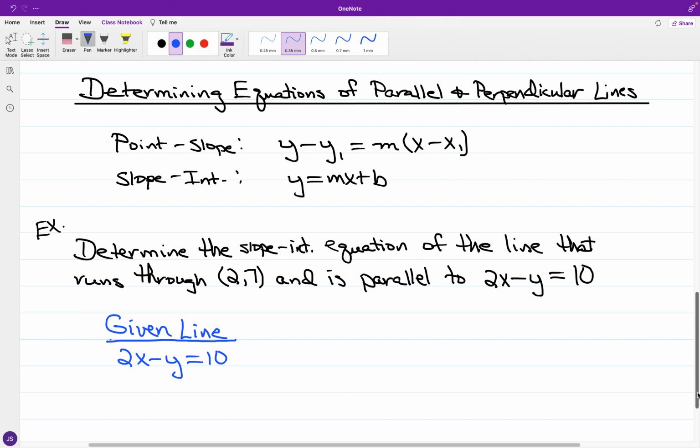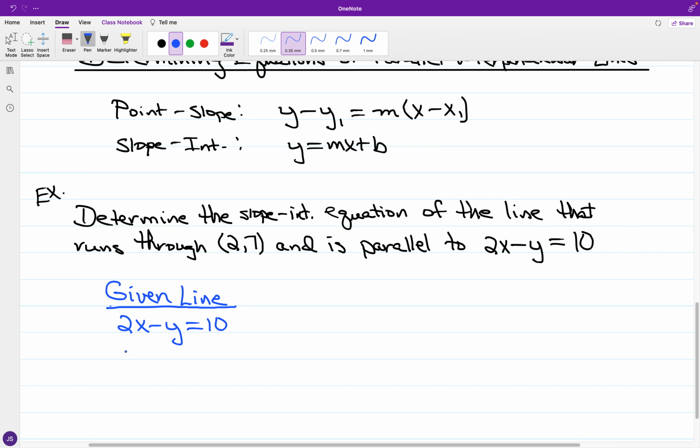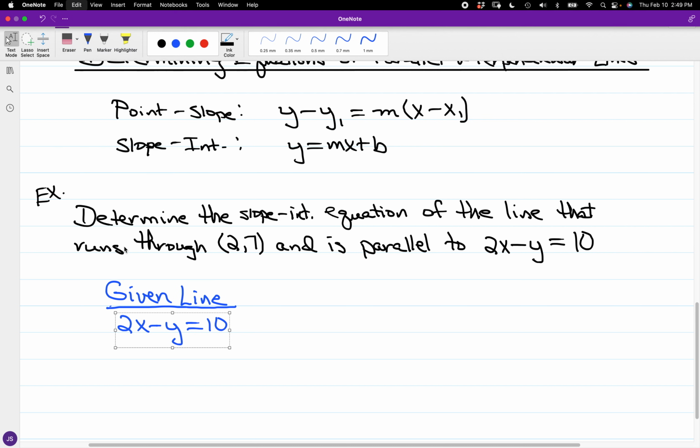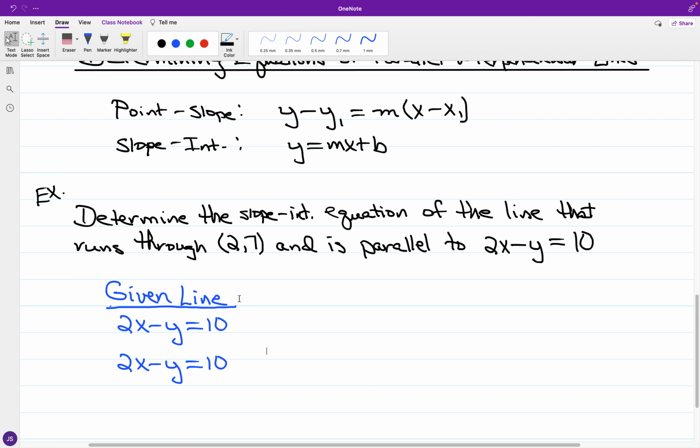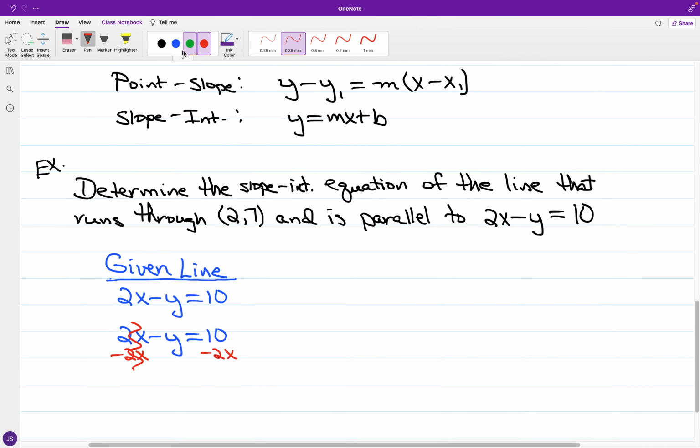The line is in standard form, and if I put this in the context of slope-intercept form, I'll be isolating the y term. And so here we're going to have negative y is equal to negative 2x plus 10.